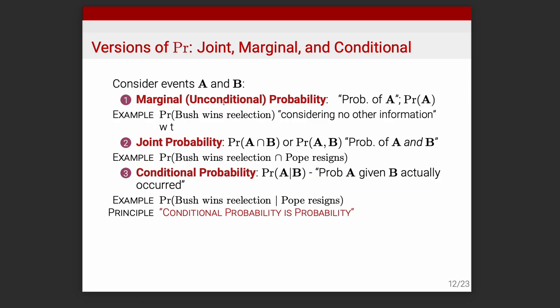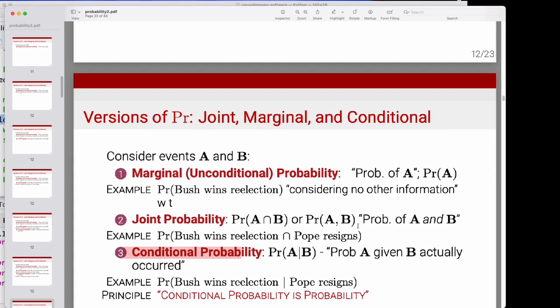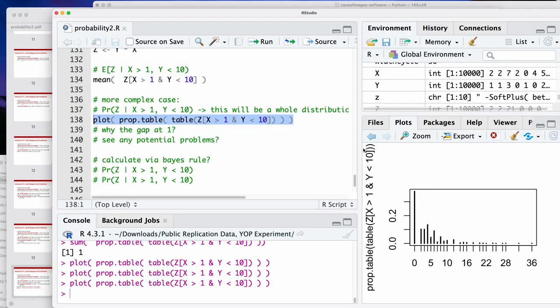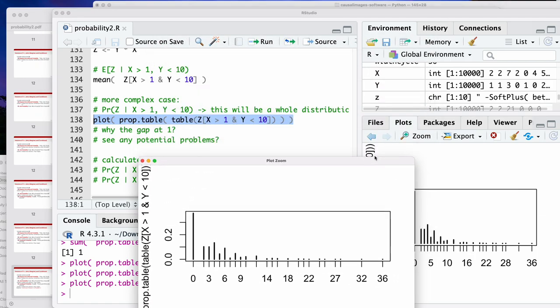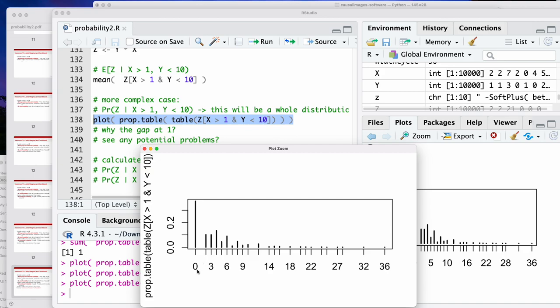The example from the R session today shows you how the conditional probability distribution is a probability distribution like any other. If we go back to this example here, it's a legitimate probability distribution. It says the probability that this new random variable takes on these different values.